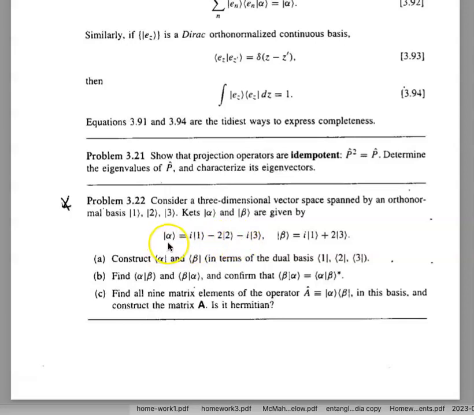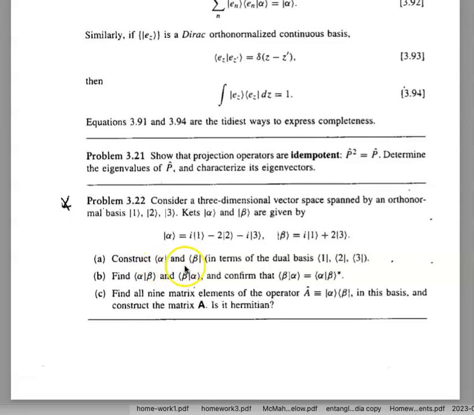So let me just go on and say the bra for this one will be -i bra 1, -2 bra 2, plus i bra 3. That is the bra alpha that he wants you to construct.